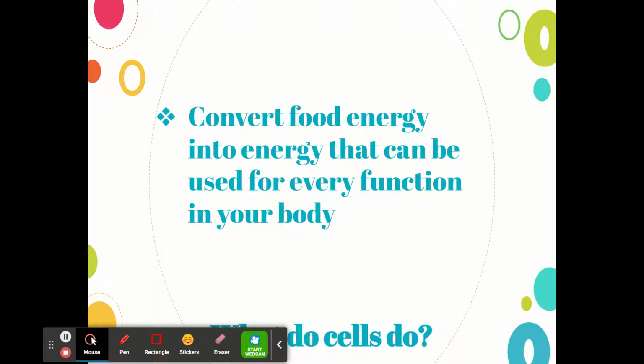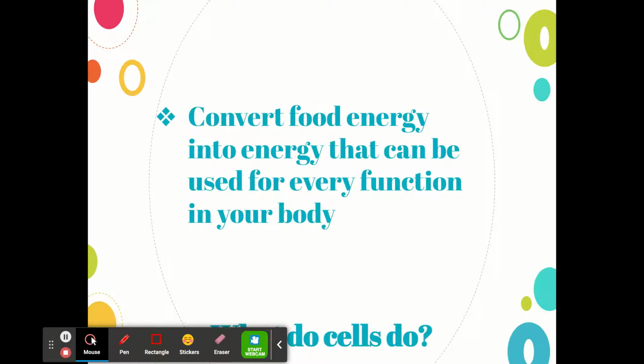Another extremely important cell function is the conversion of food energy, glucose, which you get when you eat, when you consume other organisms, right? Now, producers make their own food energy, but they also have to convert that glucose into ATP, which is another form of energy that your cells can actually use to do their work.